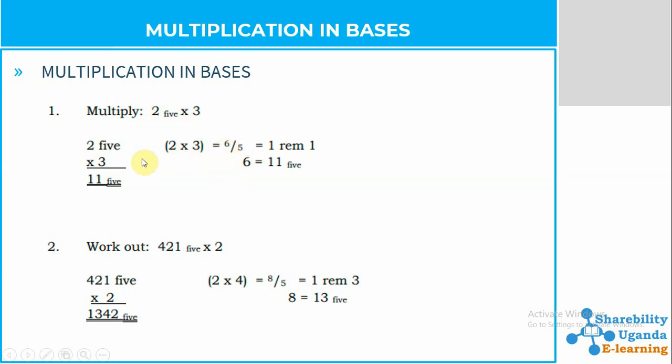But when you look at our base here, our answer, which is 6, is greater than our base, which is 5. So we cannot write our answer to be greater than our base.